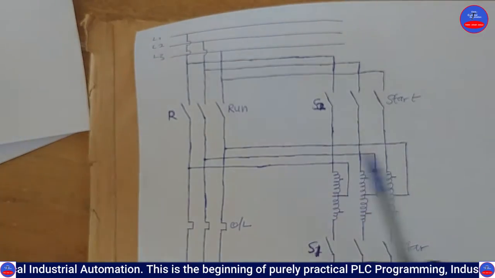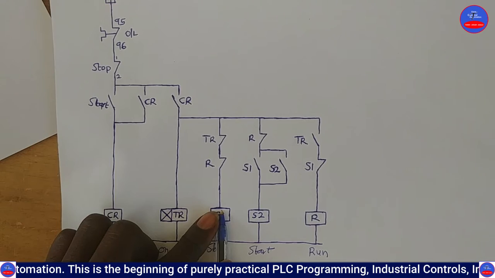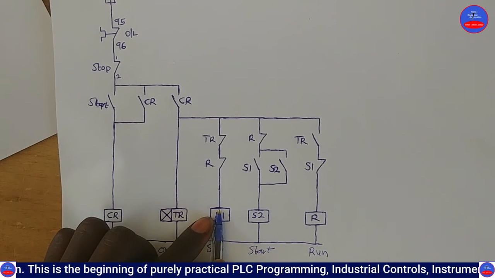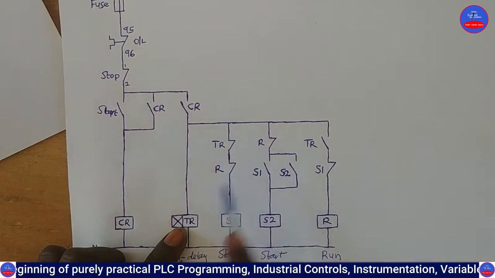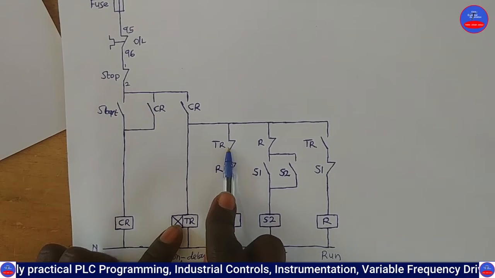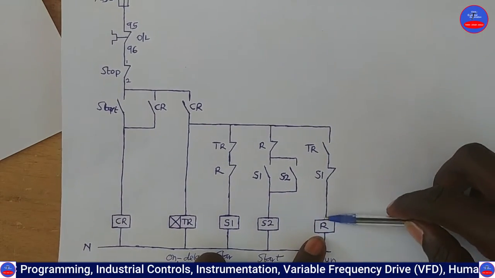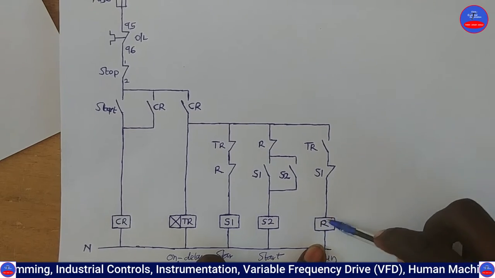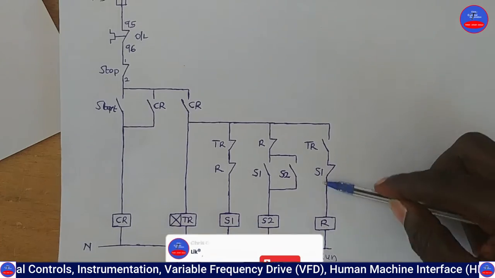Now when this side de-energizes, when the timer contact changes its state, when this side opens, this side closes. This side is going to this relay, this contactor, that is the run contactor, and it is going to energize.